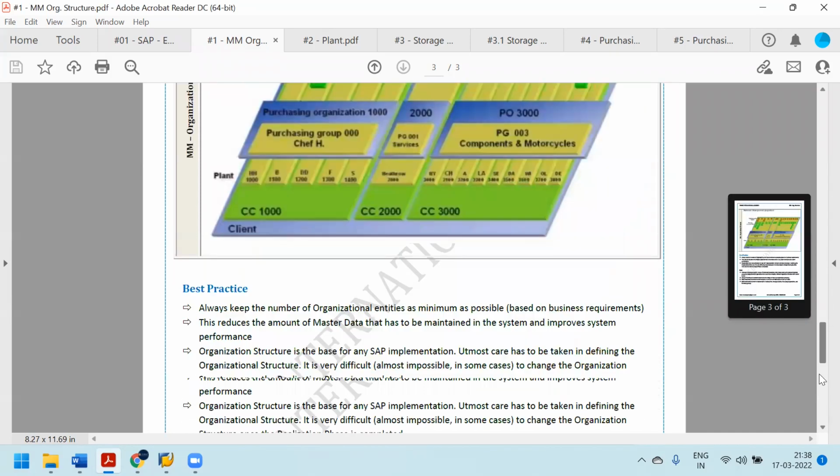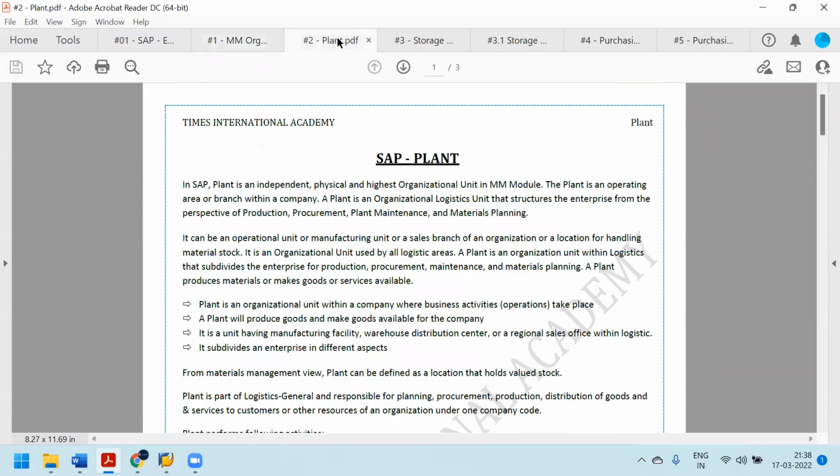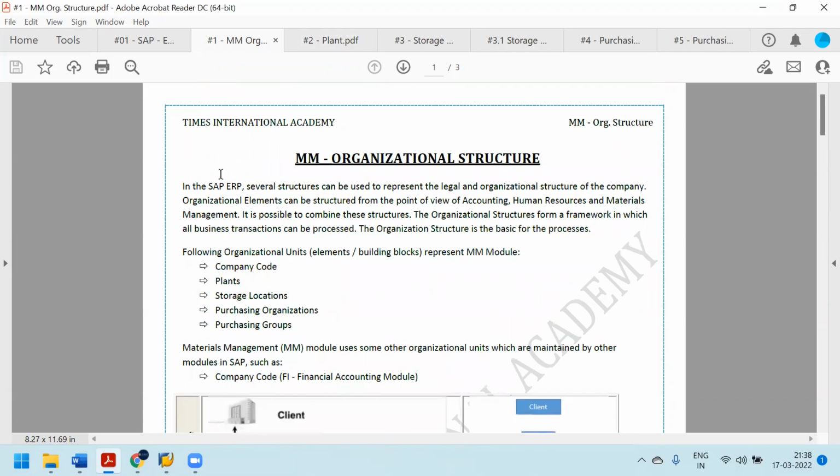So let's deep dive and discuss in detail what a plant is and so on. From the organizational structure point of view, in SAP ERP, as I said, after the launch of SAP S4 HANA, when we say ERP, it may be ECC or S4 HANA, because both are ERP systems. In SAP ERP, several structures can be used to represent the legal and organizational structure of the company.